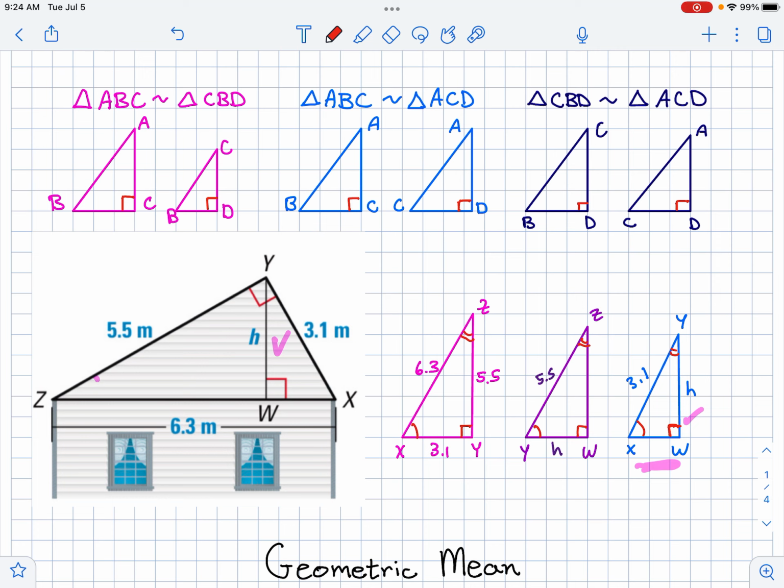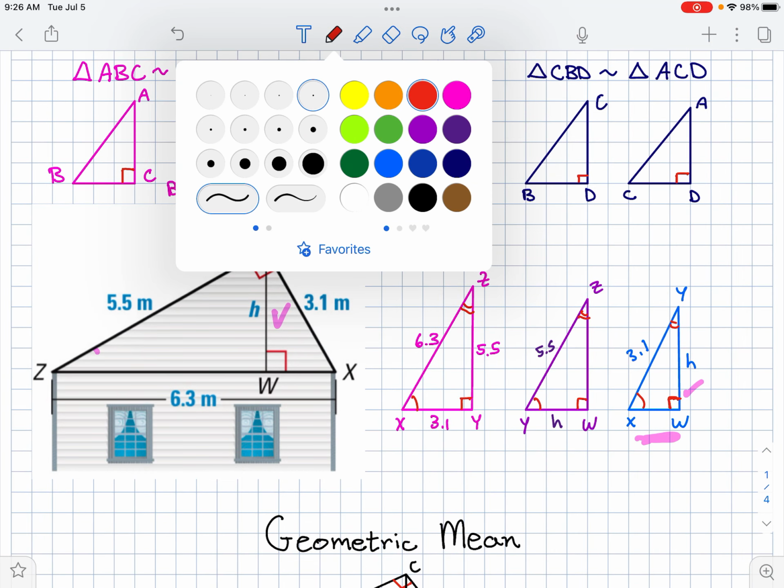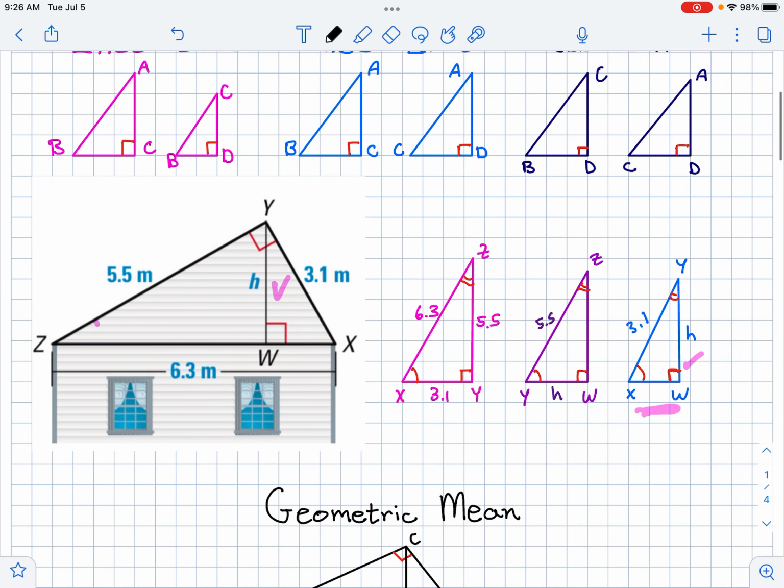So now we can go about the business of finding H. So let's see how we could do that. Now there are different ways we could proceed with this, but let's just look at this. I just need to get H. I'm solving for H. So look what I've got. Well, look here. I've got H is to 5.5. See? Look, I took this H over this 5.5, as is 3.1 over 6.3.